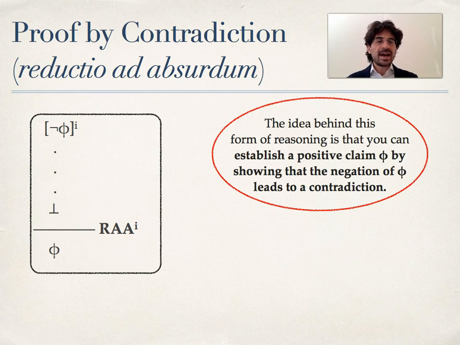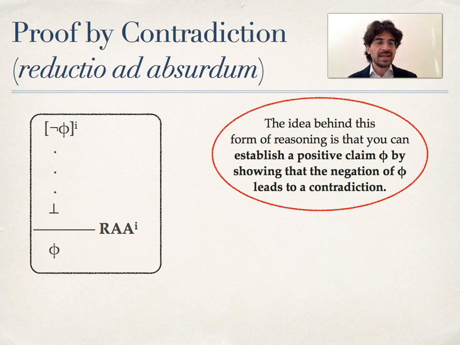The idea behind this form of reasoning is that you can establish a positive claim phi by showing that the negation of phi leads to a contradiction. And so once you have shown that the negation of phi leads to a contradiction, you can simply remove the negation of phi and assert phi outright.